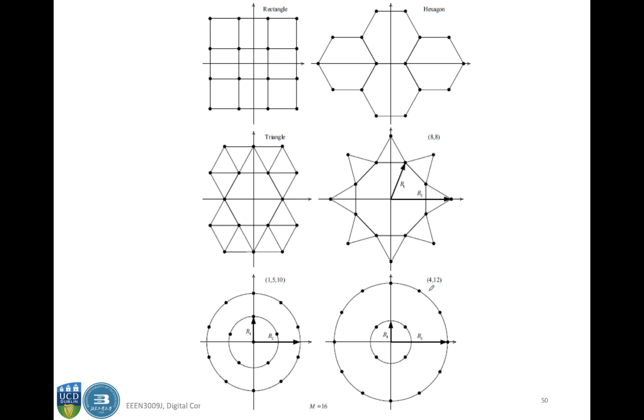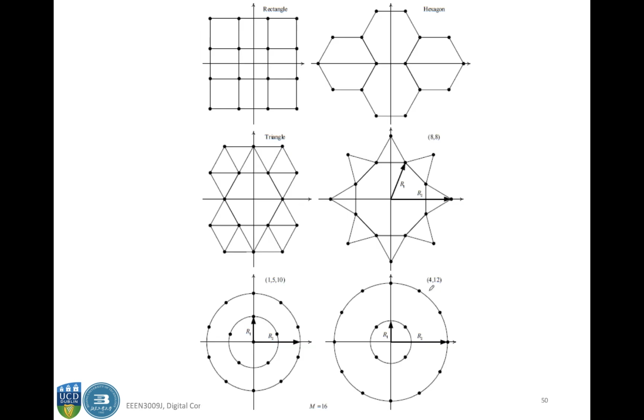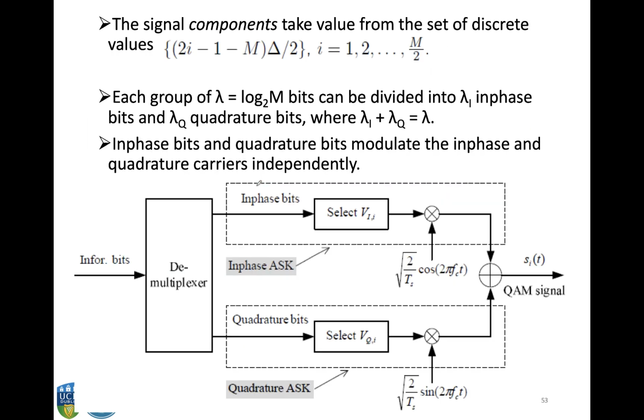So you can have many different, arbitrarily looking constellations like this. You can have any constellation, but the rectangular constellation is the most common or most popular because this can be produced very simply. Why is that? The rectangular constellation can be formed in a similar way as we formed the QPSK.